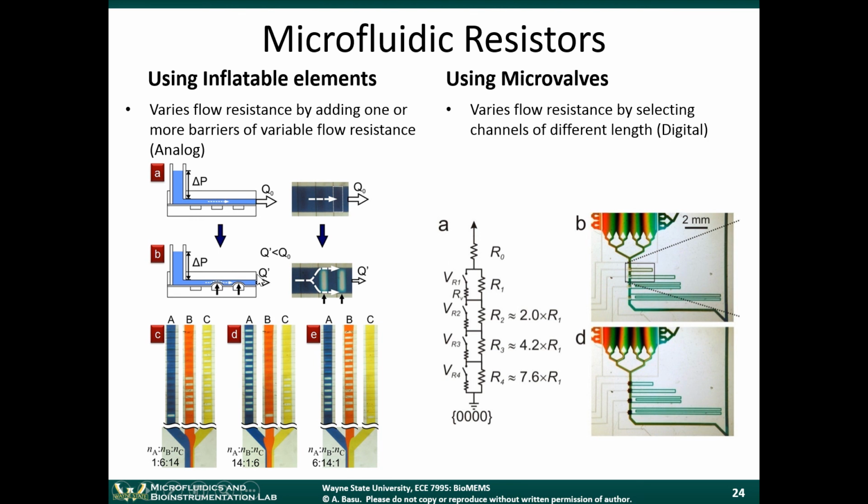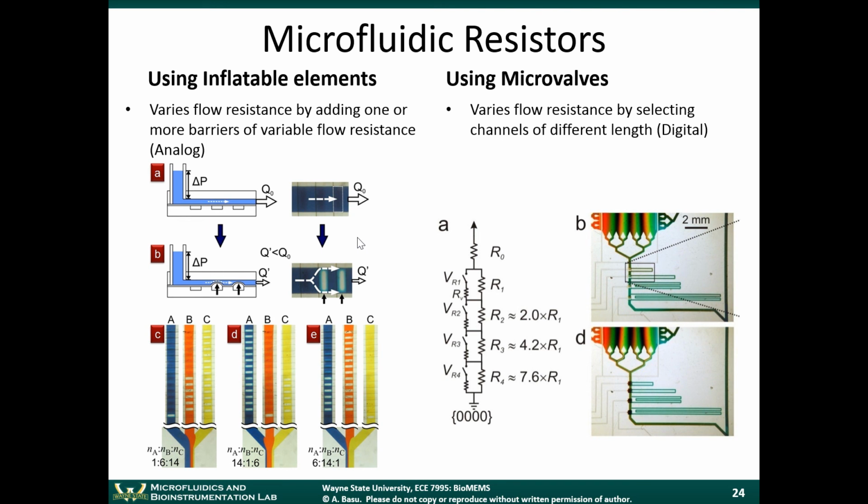One of the applications of valve technologies is to make something called microfluidic resistors, or microfluidic potentiometers. So in the last module, when we were talking about laminar flow, we talked about Kwang-O's paper, how they had different lengths of channels, and each one of those channels had different resistances.